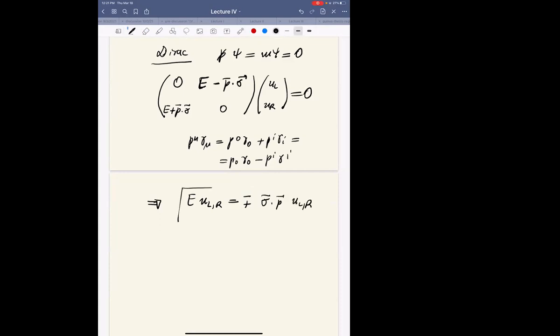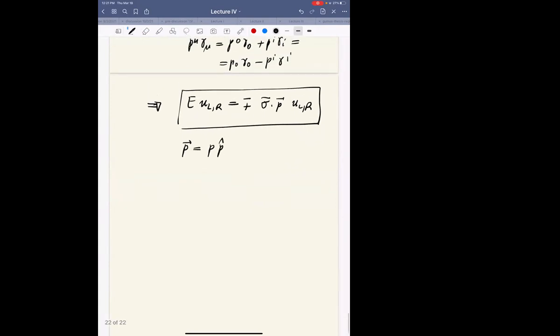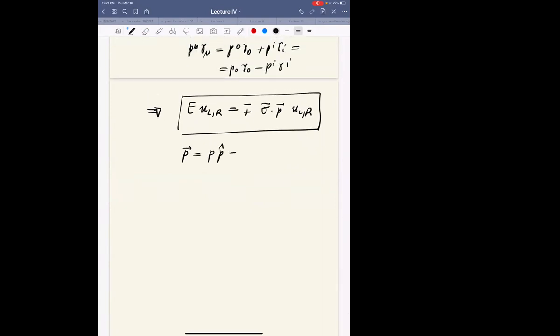This is the equation I get. And then I just remember that P is P times the direction of motion, but this is a massless particle, so this is energy times direction of motion. And then I remember that the spin is sigma over 2.